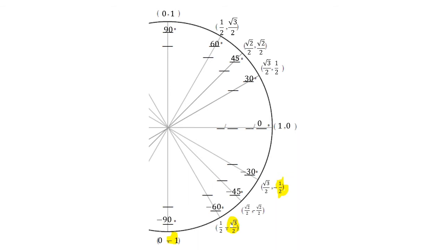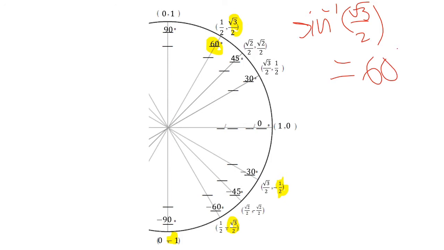Okay, so let me give you an example. If I have sine to the -1, or arcsine of √3/2, I'm going to go to √3/2 as a y coordinate on the unit circle, and I'm going to get the angle. So that is going to be equal to 60 degrees.